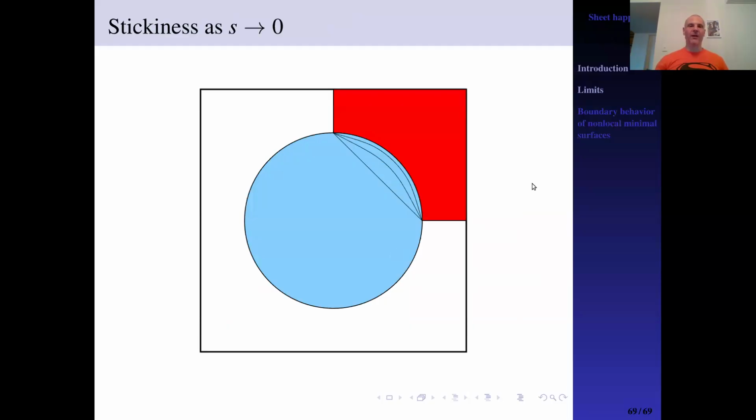Or for small values of the fractional parameter, for instance, if you take a quadrant or a cone at infinity with an angle that is not pi, say, so for instance, I take a quadrant, which is a 90 degrees angle, as the outside data, then when I send s to 0, basically the corresponding s-minimal surface will get closer and closer to the boundary of the ball, but will stick completely to the boundary of the ball for some small but non-zero s.